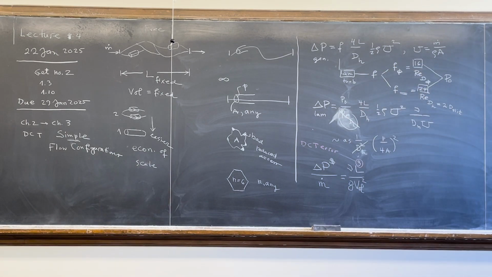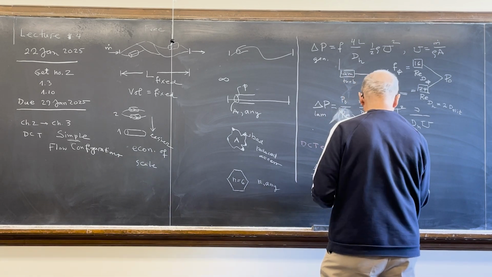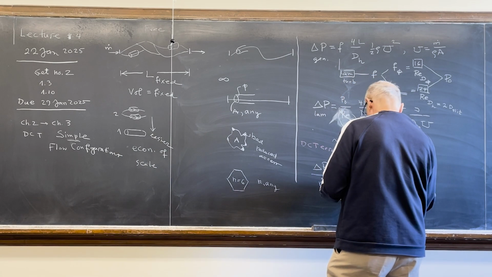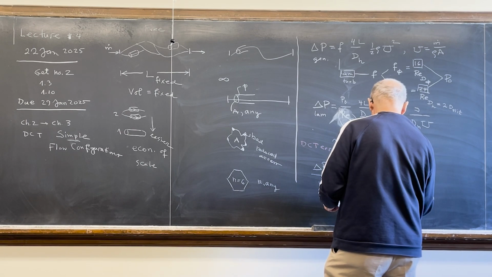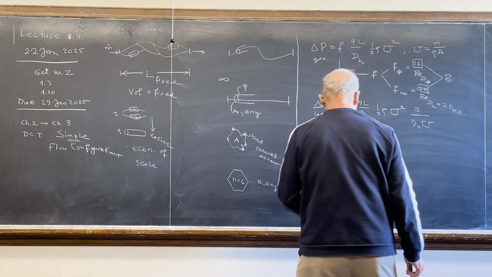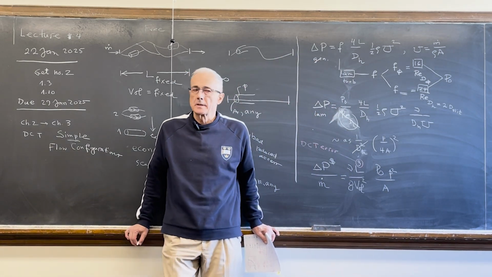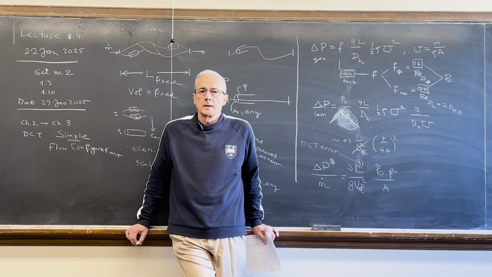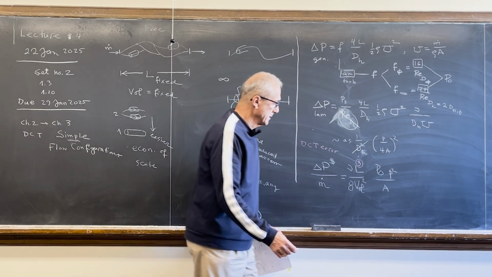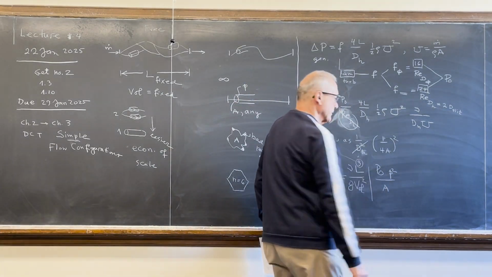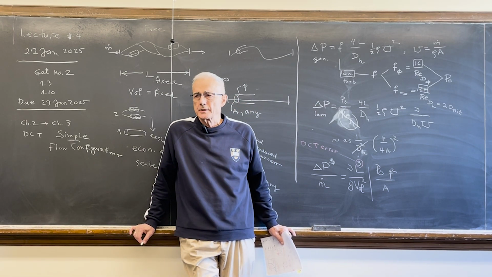All right, so we end up with this multiplied by a group called the Poiseuille number, wetted perimeter, divided by the area. And I wrote it this way. It's like sifting the flour, to separate the flour from, it's called the chaff, is that the word? The one you feed to the chickens.